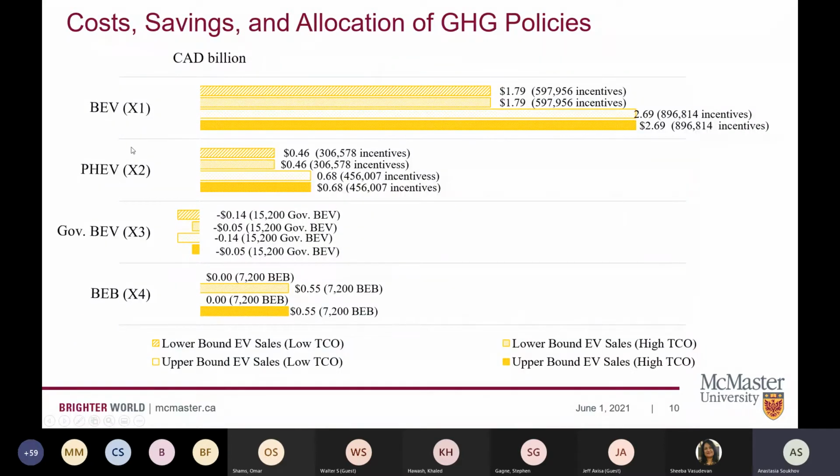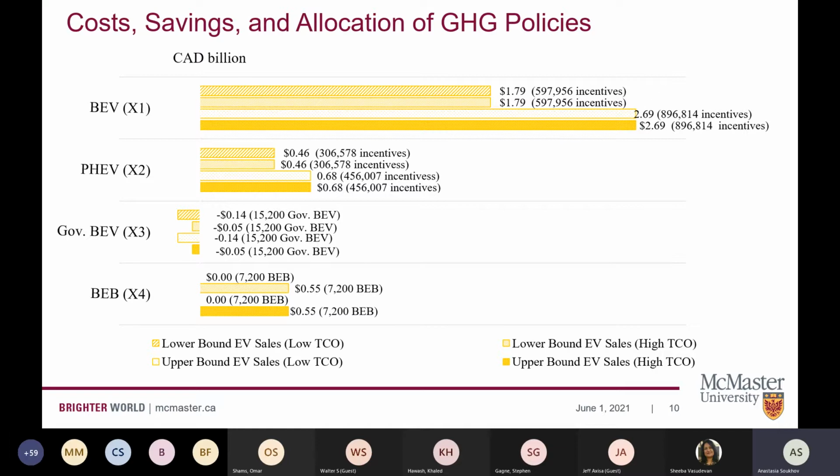To also overview the amount, this is a graph of the costs, savings, and allocation of greenhouse gas policies. The bars are representing billions of Canadian dollars over a 10-year period, and the magnitude obviously corresponds with the amount of money that would be spent for that policy. In brackets, you can see the units of policy.